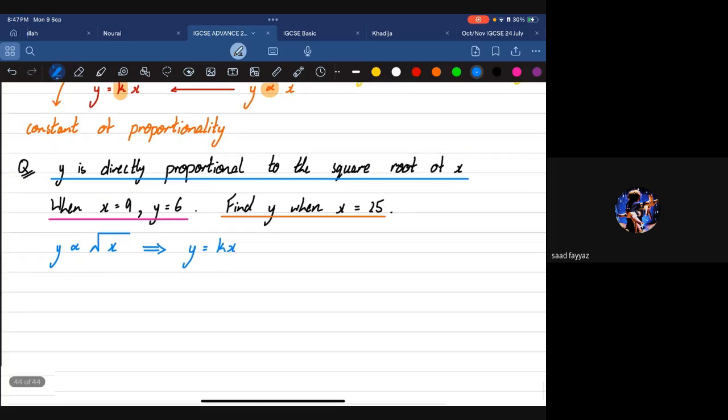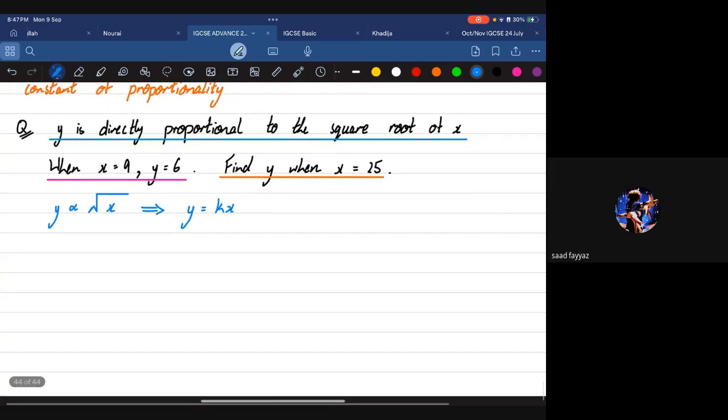Okay, that's the first part done. Secondly, it says when x is equal to 9, y is equal to 6. So the original equation is y is equal to k times the square root of x.